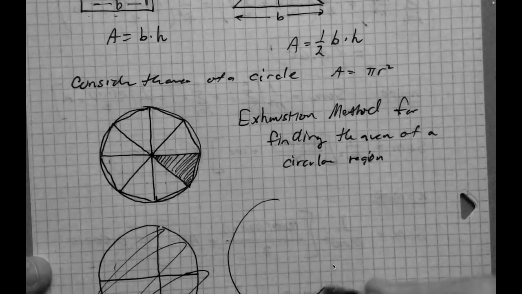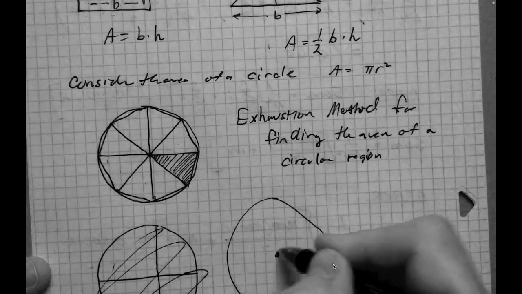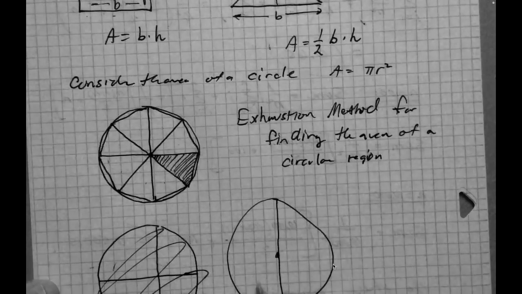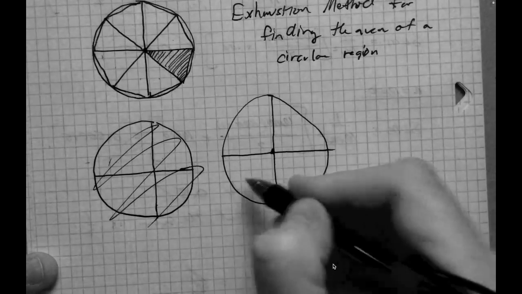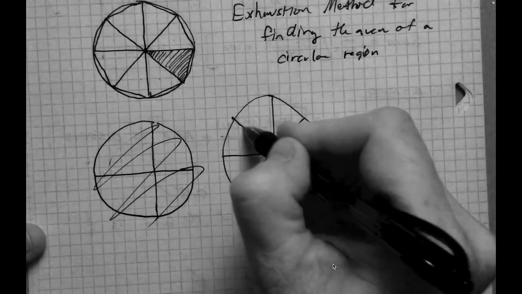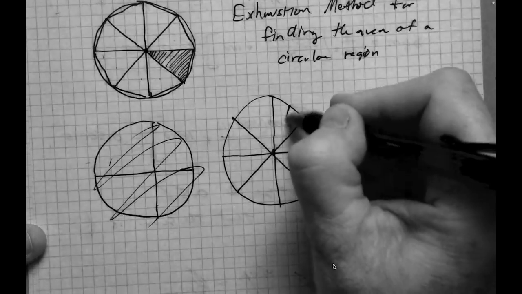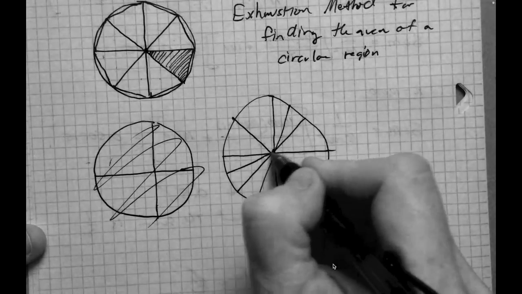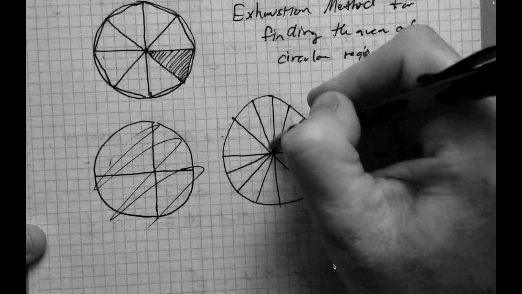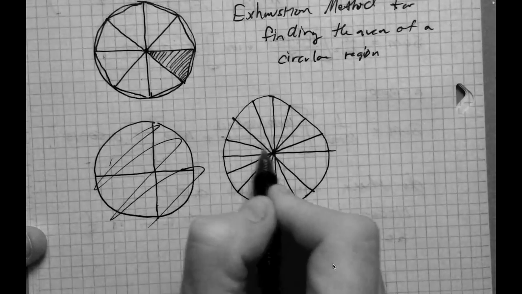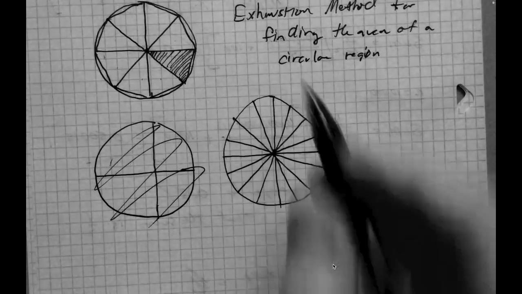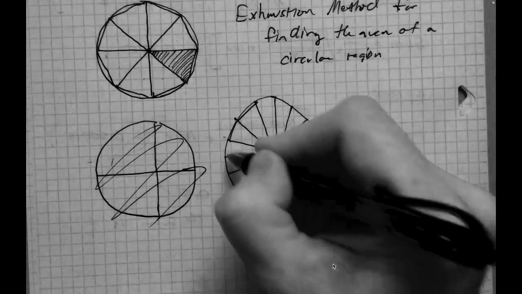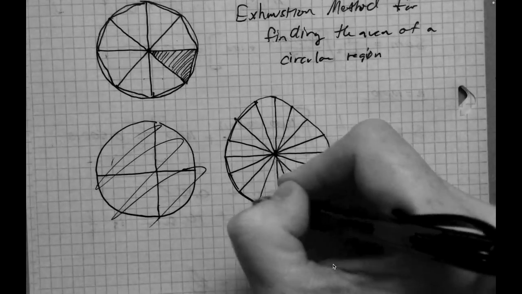Let me start with the circle and then draw it. Okay, so let's say we start with a circle, and instead of using 8 sections, we use more, like 16. Then what happens? Now again, if you drew this really precisely with a compass, it would give you a better sense for this.